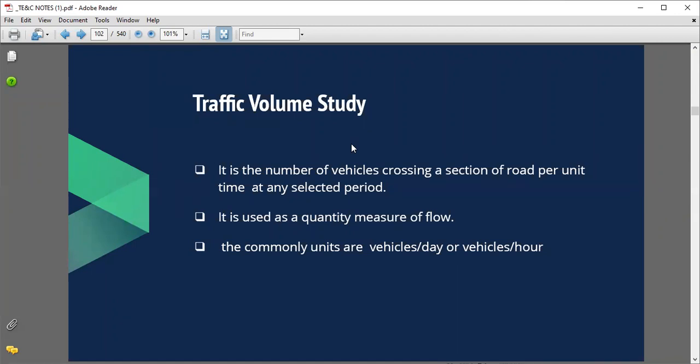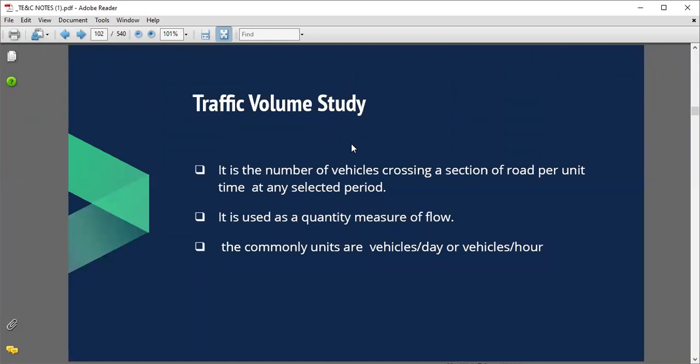So how can we understand this? The number of vehicles moving on the road and crossing the road, that number of vehicles indicates the traffic volume. For that purpose, we have to select the area. If you want any area, you can select it, and through that area, you can take a judgment of how many vehicles are moving, meaning entering that road and exiting from that road.